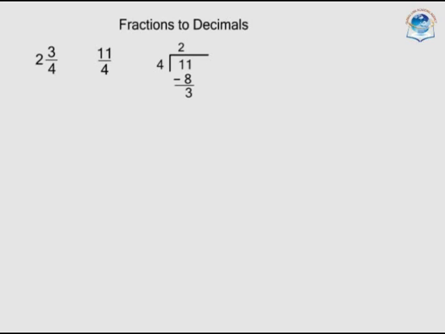But because there is nothing to drop, we put a decimal point here and add 0 here. So we have 30. 4 goes into 30 7 times because of 28. We subtract and get 2. We add another 0, but we do not put a decimal. 4 goes into 20 5 times, and so we have 2.75.